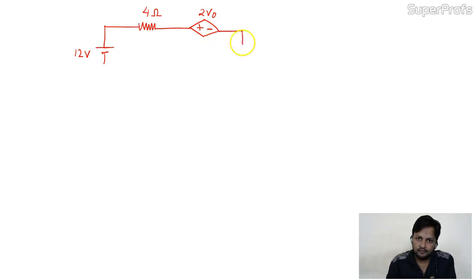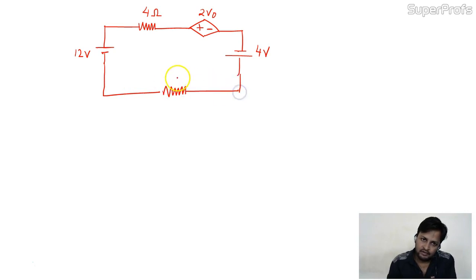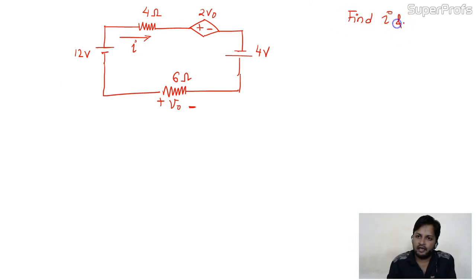Okay, fine. Next, the battery of 4 volt. Here we have 6 ohm resistor and the voltage drop across it is V0. Like this, they are already given. And the current in the circuit is given I. Now the question is, find I and V0. This I and this V0 we have to find.